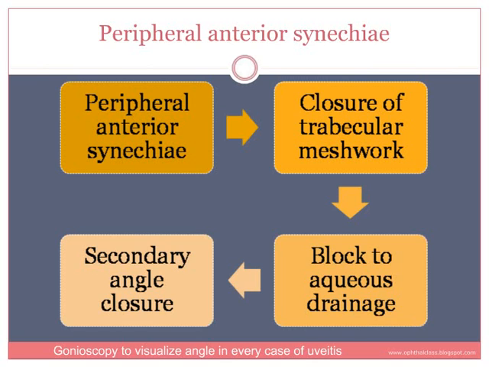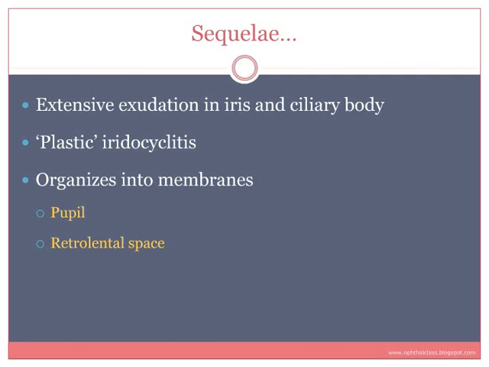It is therefore very important to do gonioscopy to visualize the angle in every case of uveitis. When there is extensive exudation in the iris and ciliary body, another term used is plastic iridocyclitis. There is formation of membranes by the organization of these exudations. These membranes can occur over the pupil or can occur in the retrolental space.